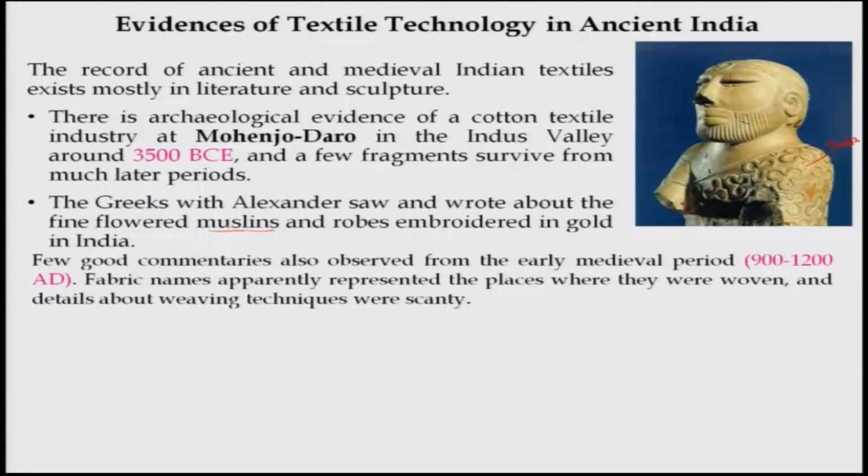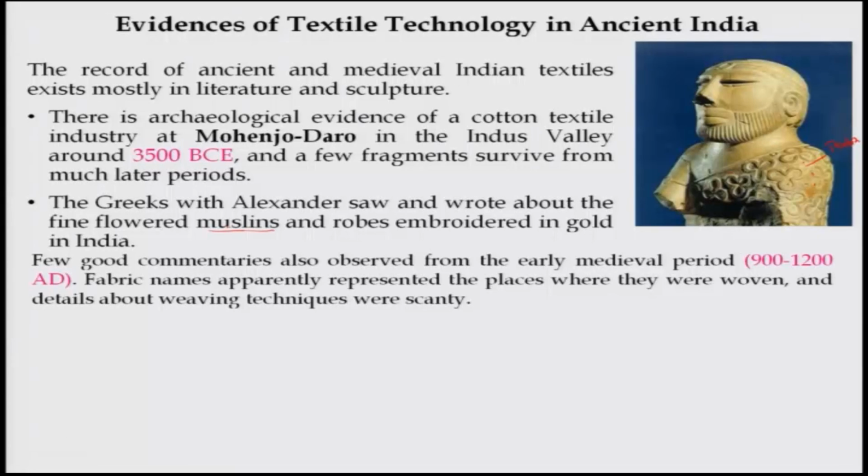And a few good commentaries were also observed from the early medieval periods, 900-1200 AD, and the fabric names apparently represent the places they belong to, because India, as I told, is not a country, it is basically a subcontinent. There are various cultures, each people having their own way of knitting.